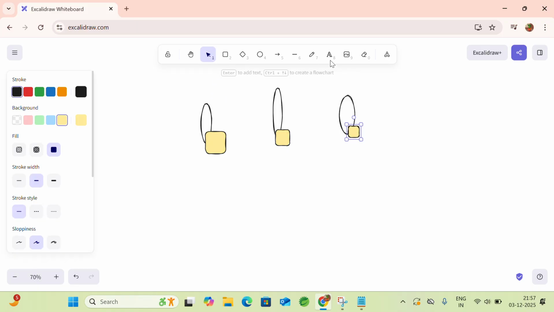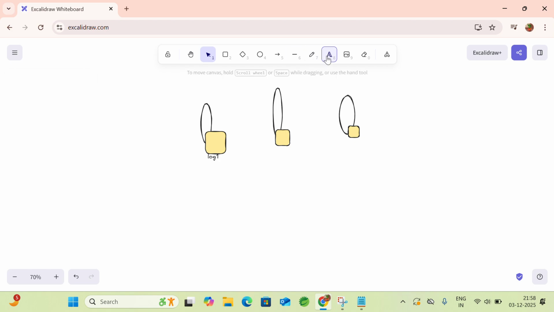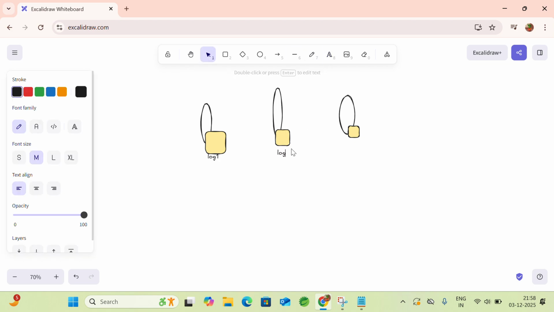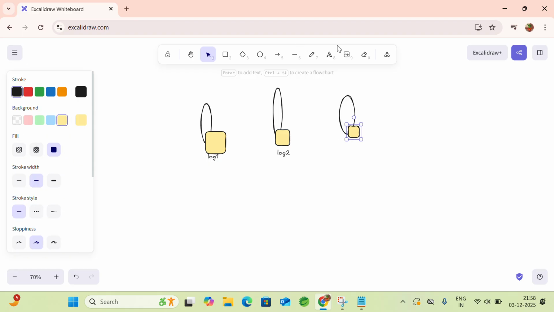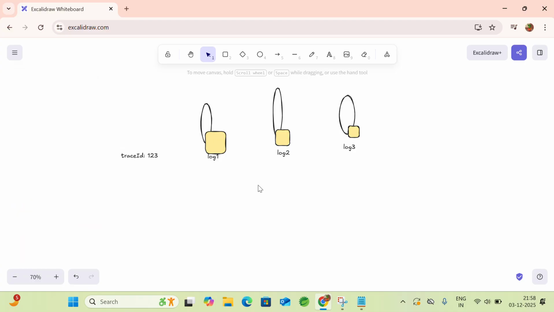Here we must represent it as log 1, here we have log 2, and here we have log 3. Now if we talk about the trace ID here, I'll take an example 1 to 3. It will be the same for all of these.